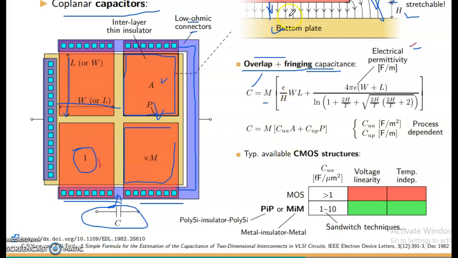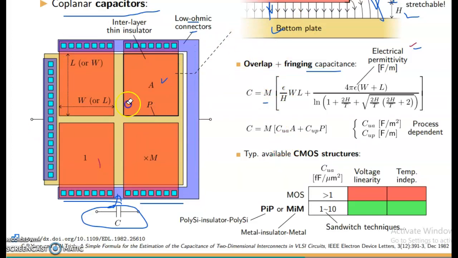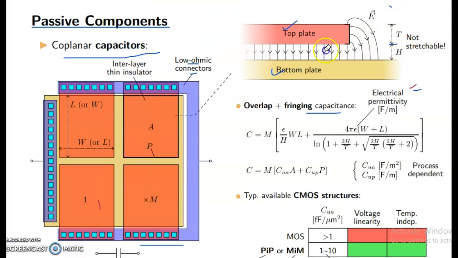So here, epsilon divided by H. H is the distance from the top plate to the bottom plate.